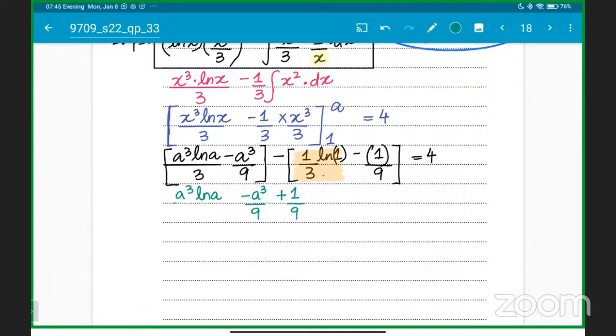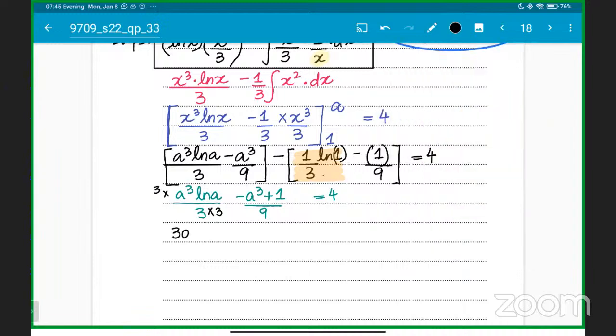a cube ln a over 3, minus a cube over 9, plus 1 over 9, is equal to 4. Understood? This can be simplified. We can combine them: minus a cube plus 1 divided by 9. Everyone getting it with me? Following? Clear on this? So what is going to happen? The LCM, 3 threes are 9, and multiply with 3 here.